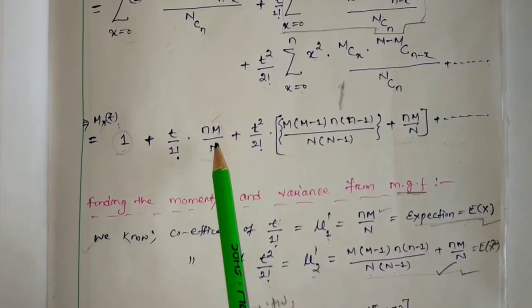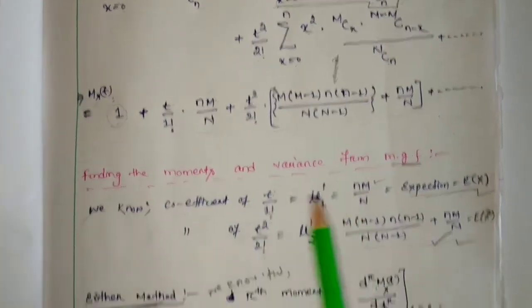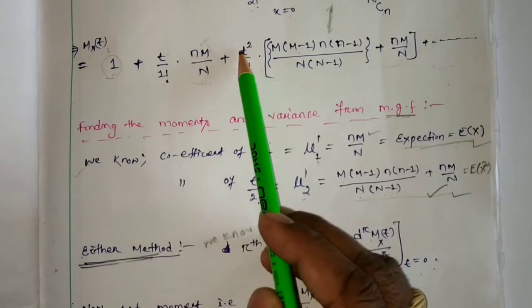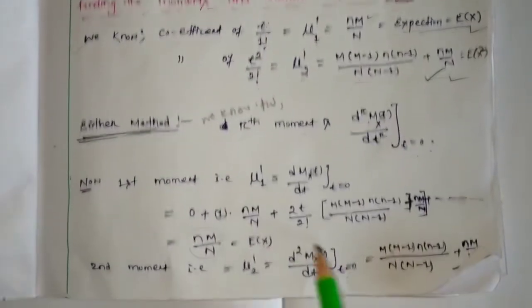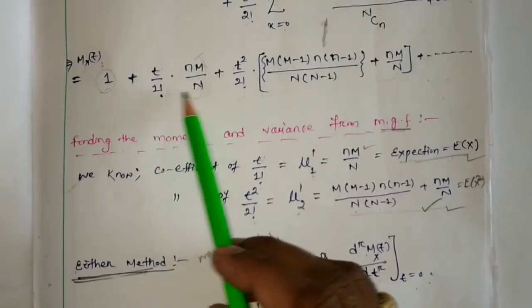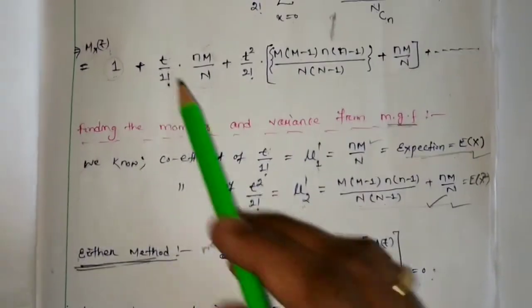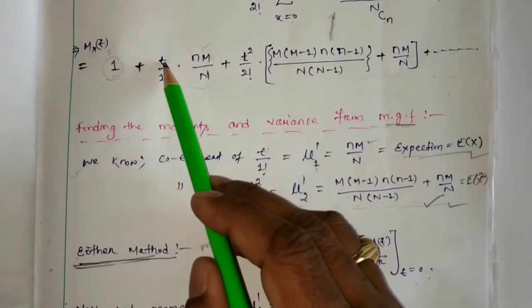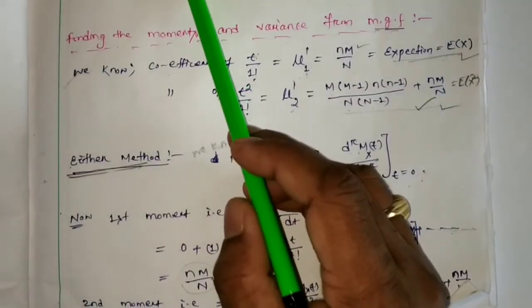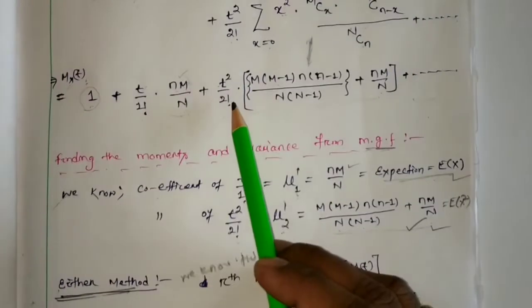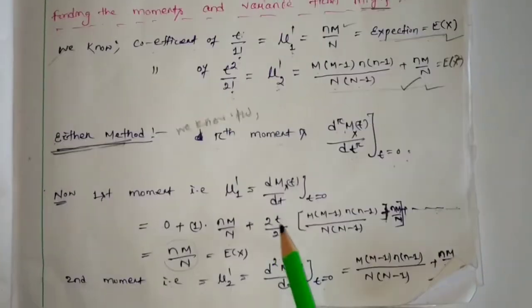Now we have to consider the first derivative of this one. See here, only t is there, this will be 2t by 2 factorial. The first term will be 0, the second term derivative with respect to t will be 1 by 1 factorial, which is 1, and t with respect to t is 1, so n m by n, then 2t by 2 factorial and so on.